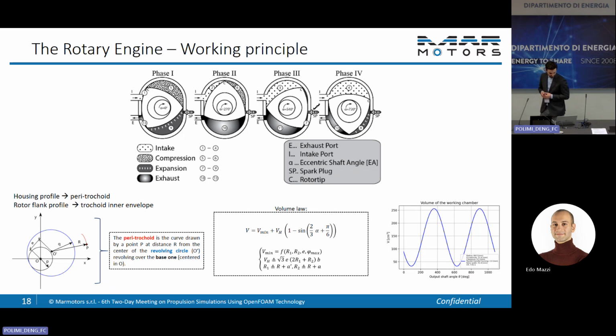As all of you know, you have 3 chambers inside this engine, and in most of the cycles you can have at the same time 3 different phases: intake, compression in the 3 different chambers, and exhaust.